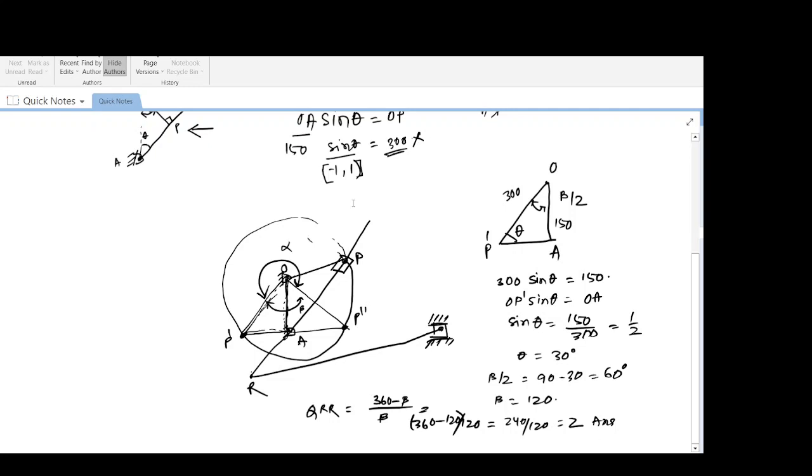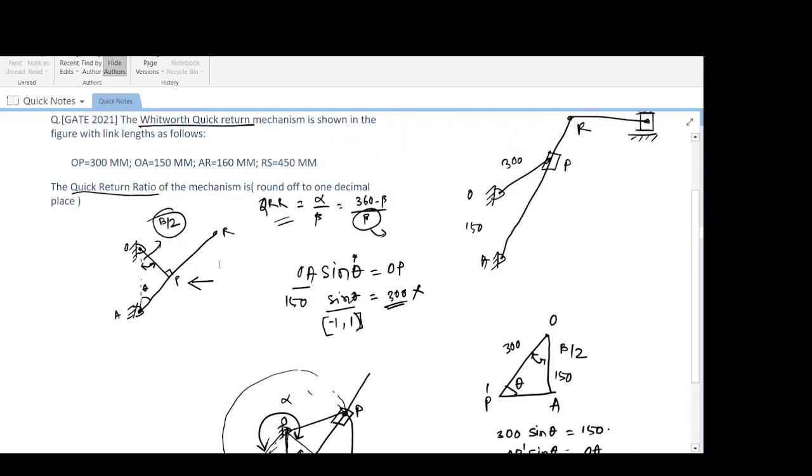What is the reason behind following the standard diagram to solve the quick return mechanism?